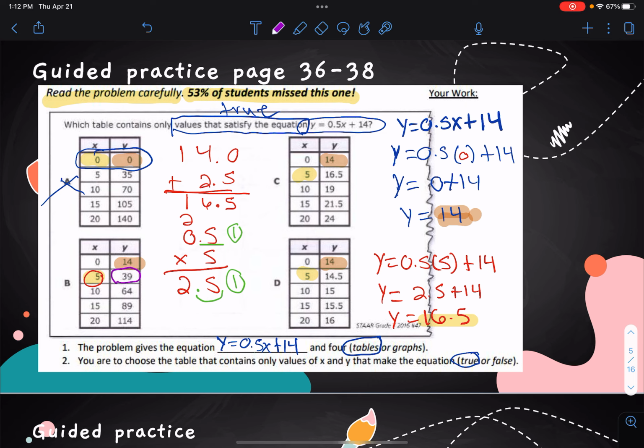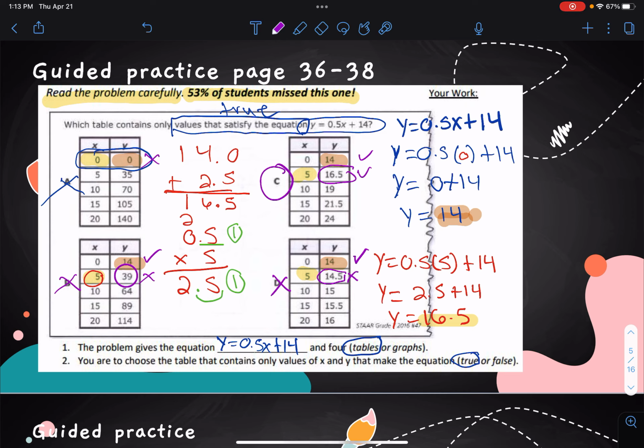Well, what do we have here? 39. So that is not our answer. Here we have 16.5. So far we've had two that work. That one didn't work, that one worked, this one didn't work. Let's look at D. We know the first one worked, because that's why we kept it. And right here next to the 5, we have 14.5. Is that what we got when we plugged in 5 for our x? No. So your answer is C.